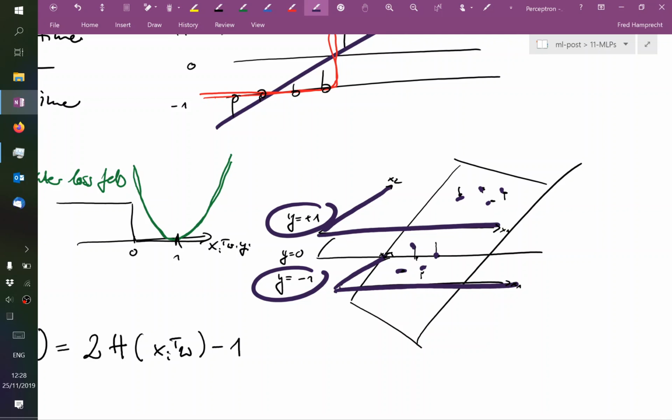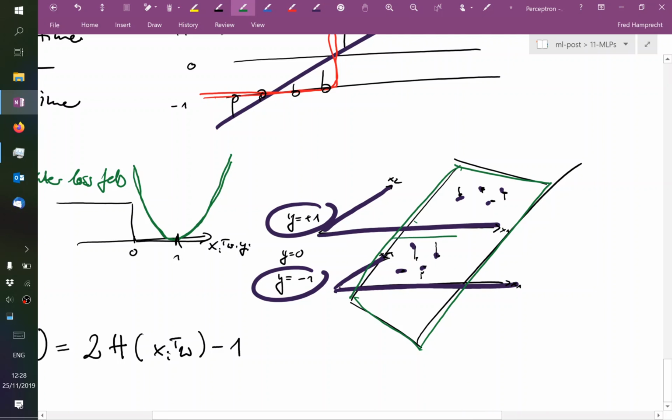And this would also give me some kind of perceptron, because now I can intersect this fitted plane with y = 0. That will also give me a decision boundary, which maybe in this plane looks something like that. And that would also discriminate the two sets of points. It's just that this quadratic loss is a weird one for a classification problem.